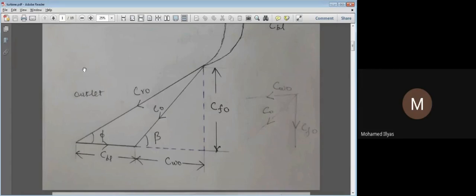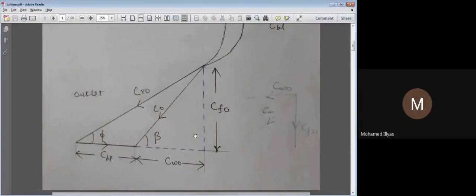My CWO should actually come here, but for convenience, without changing its value, I am drawing a parallel and transferring it here so that it intersects in line with CBL. So I have CWO and CFO, which are the components of CO.